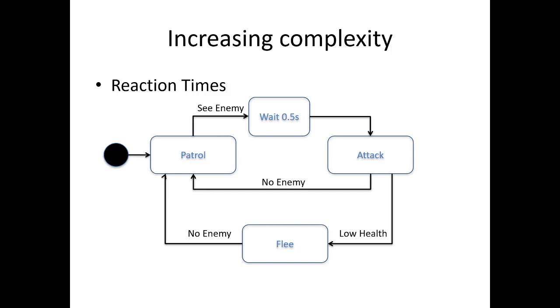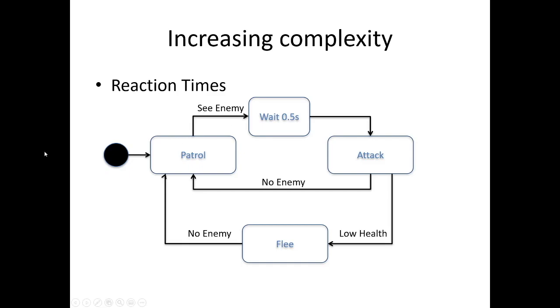So we've talked quite a bit about reaction versus anticipation time, and the fact that when we see something that's unexpected, it might take us up to a half a second before we actually react to it correctly. So having our enemy see us and immediately start moving in our direction doesn't feel very realistic.